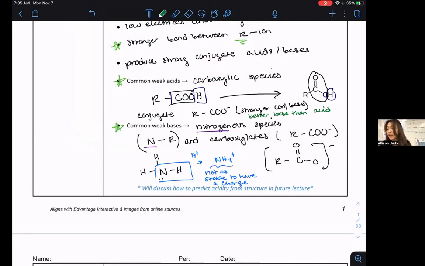It's because when I say a strong or a stronger conjugate base, it means it produces a base that's a better base than the acid was as an acid. And then for common weak bases, when the carboxylate, the charged R rest of the molecule, COO minus carrying structure, okay? We consider it in the beginning, if it starts off as the beginning species, we consider it an actual weak base overall. So, sorry, I realize that's a little confusing, but you'll kind of get it the more you work with it.